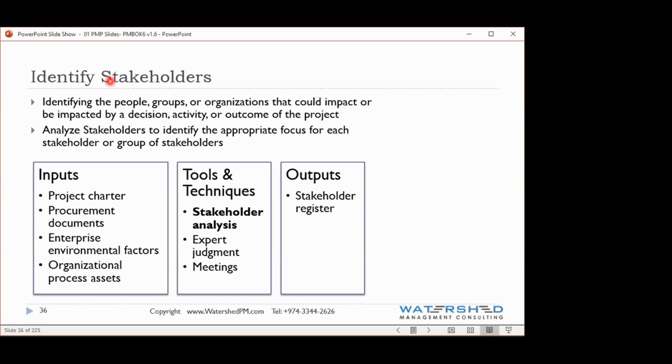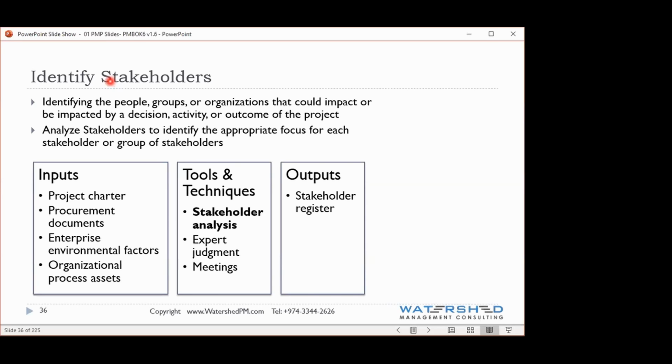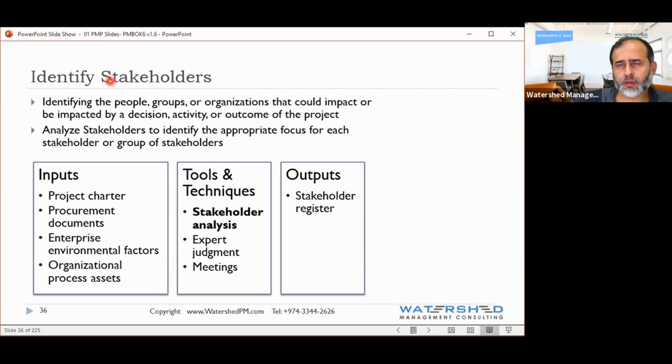Maybe your scope is incomplete, your processes are incomplete, and these guys will wake up in the middle of the project and cause a lot of issues for you if some of the stakeholders are missed in the beginning. Not necessarily constraint. They can make changes, or they will ask for changes, or they will put forward their requirements, which will in turn make you do changes.